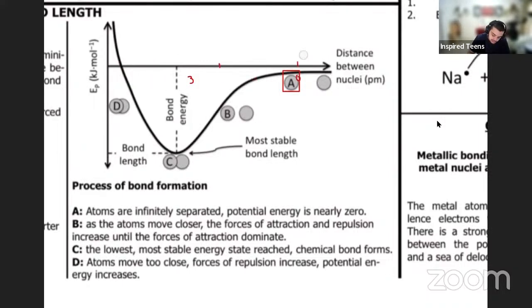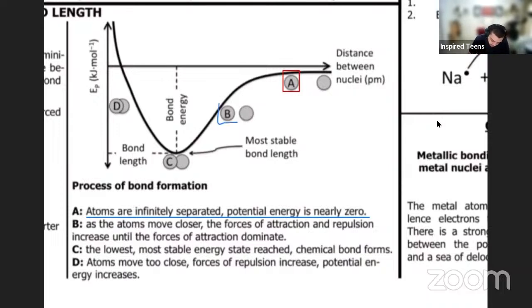So the distance between the nuclei is furthest apart. Let's read up the information and see what it says. Atoms are infinitely separated. Potential energy is nearly zero. So they're infinitely separated, and the potential energy is nearly zero. Let's look at B.